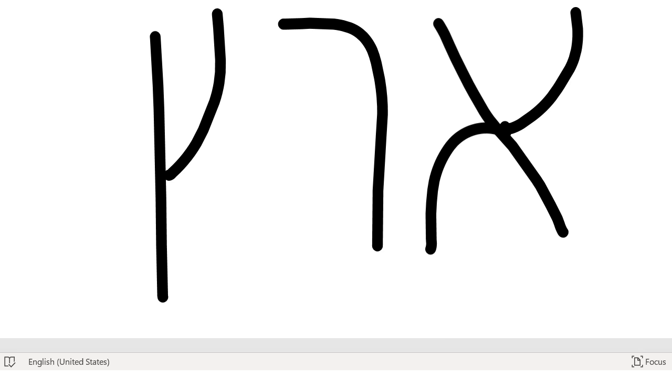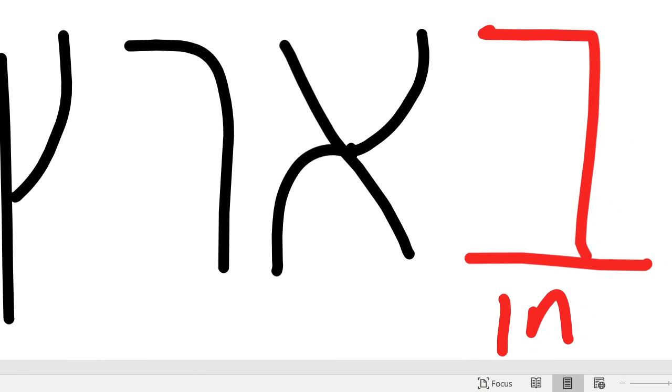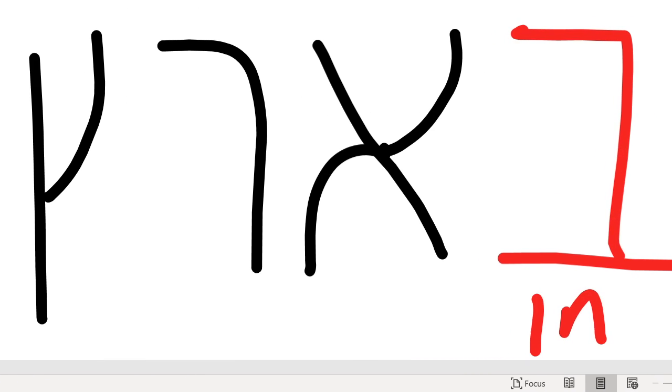Arataza. And we're going to add the prefix ba, which means in. Let me write that again. I'd like you all to be able to see what's going on before you.